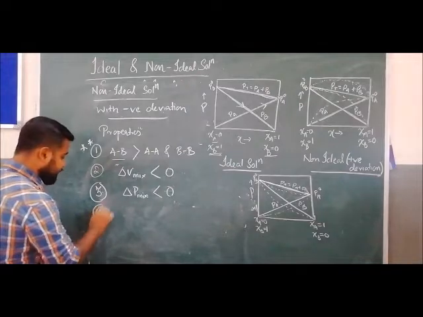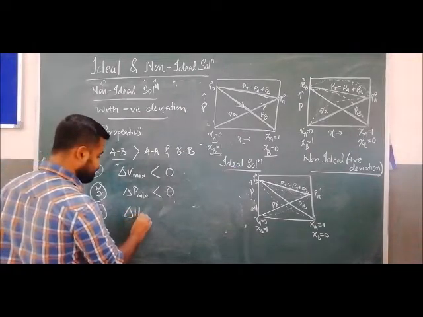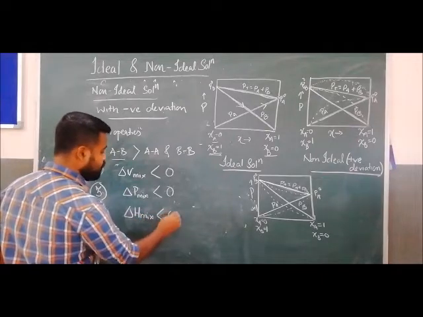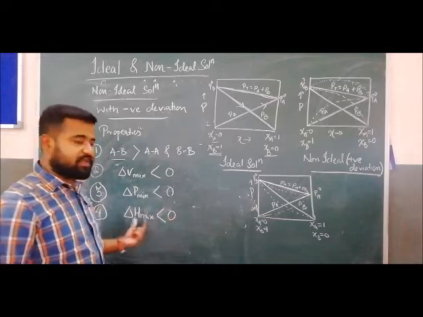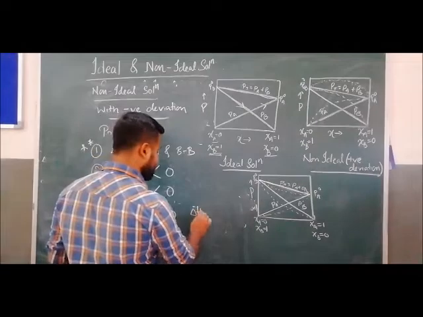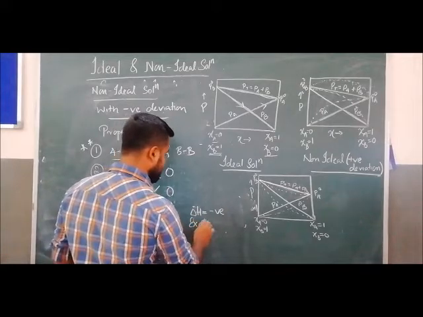And the fourth point is delta H mixing is less than 0, which means delta H is negative. So when it is negative, it is an exothermic process.